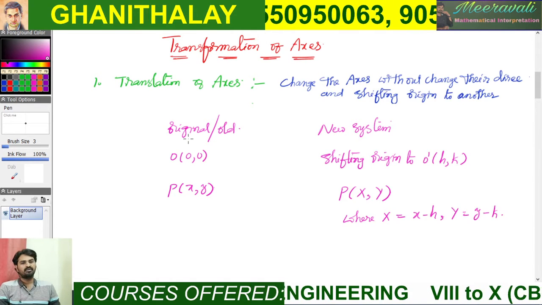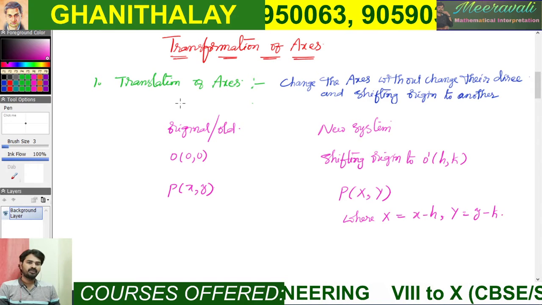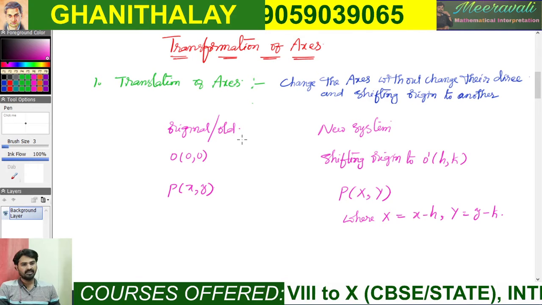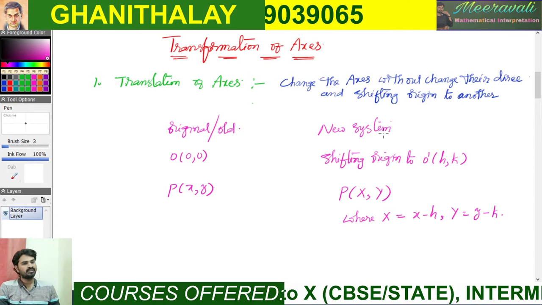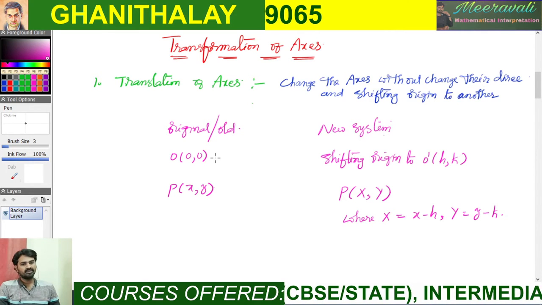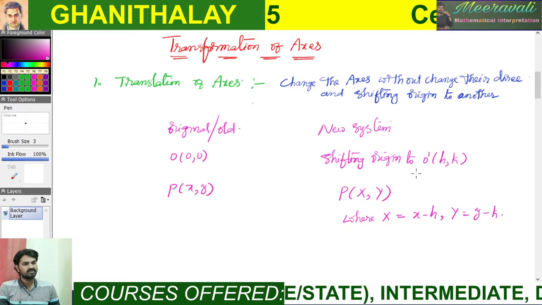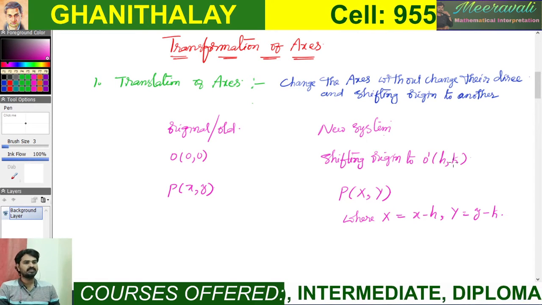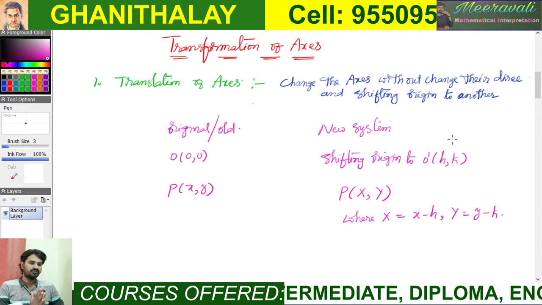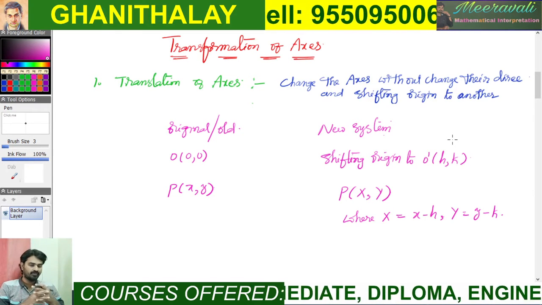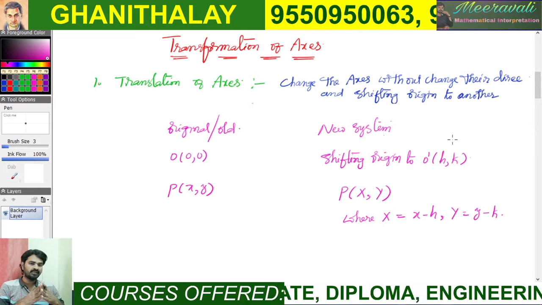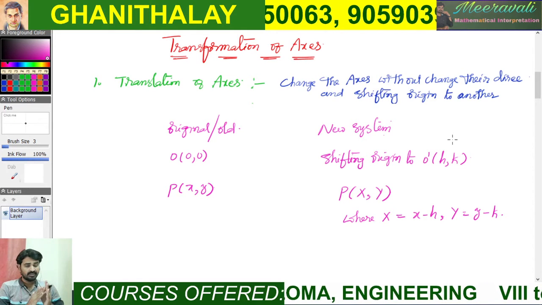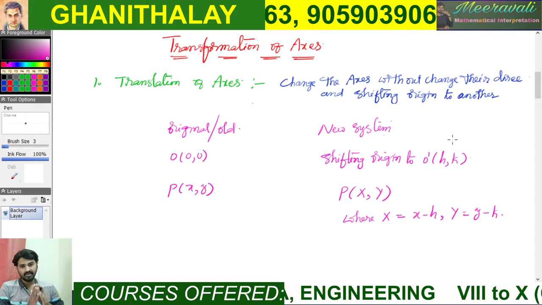You have to remember that in the translation of axis, first of all the original system will be given, and you have to convert it into the new system. First, you need the origin shifted point, which is taken as h comma k. If you want to find the new system coordinates of a point in a given problem, first observe whether the origin shifted point is given or not.